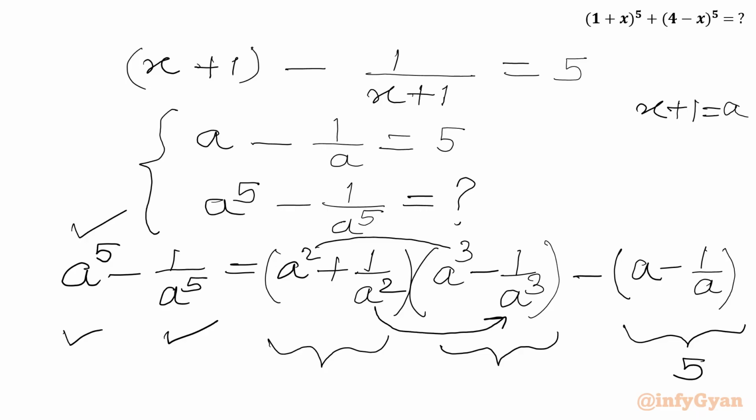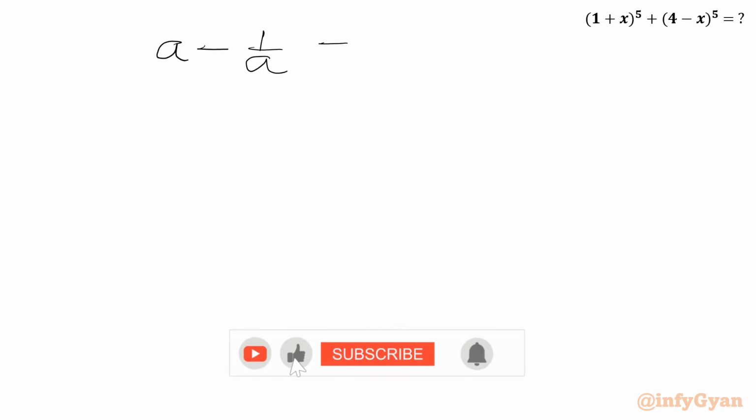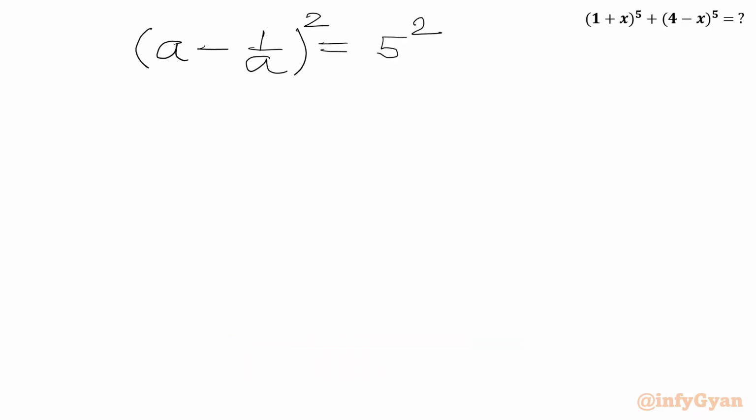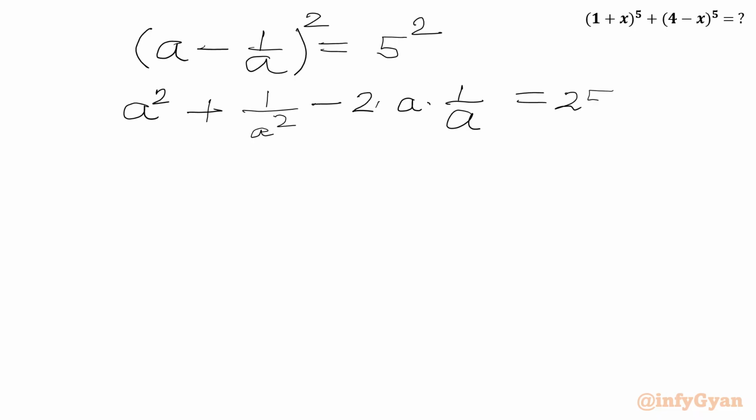Let's calculate A² + 1/A² first. So I will write A - 1/A equal to 5. Consider squaring both sides. We will use the (a - b)² formula and write A² + 1/A² - 2 times A times 1/A equal to 25.